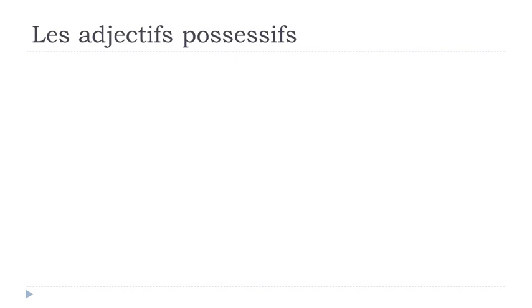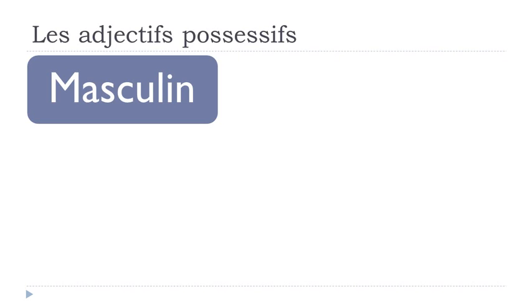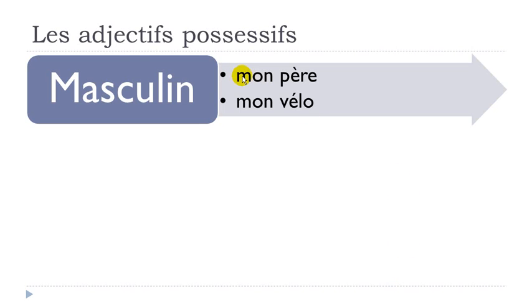Okay, so let's see a few examples now. So for the masculine, mon père. Père means father. Father is masculine, and so you will put mon père. So you will put here the masculine adjectif possessif, my father, just because father is masculine.